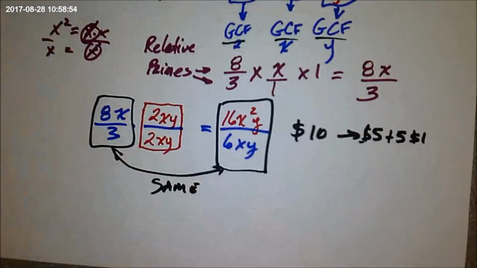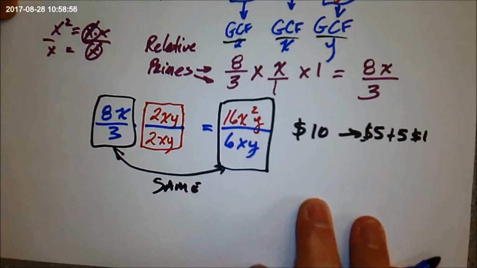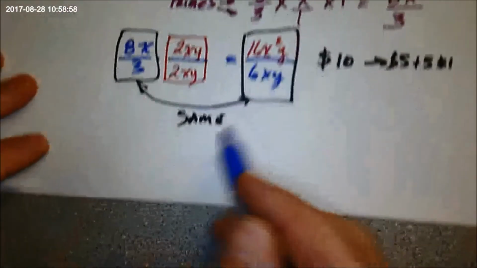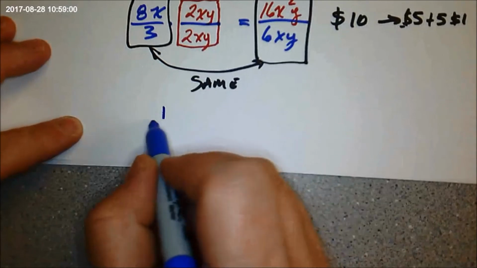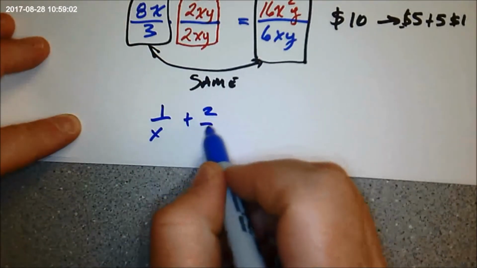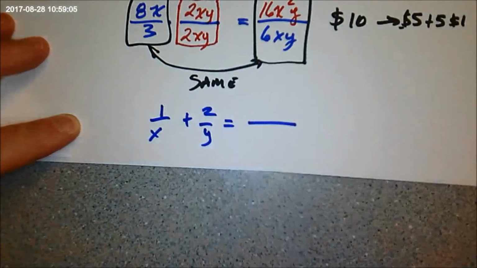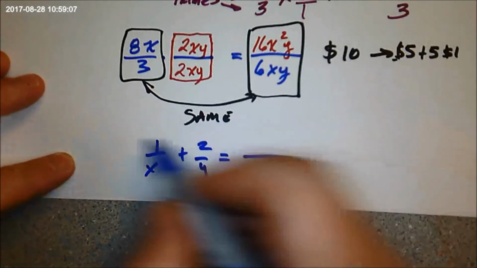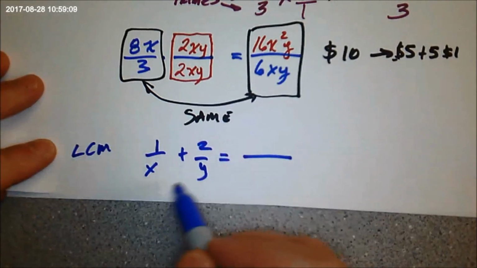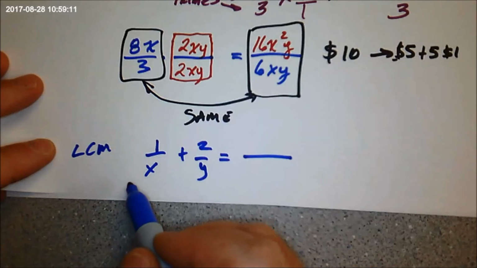And like I said, tomorrow we're going to be doing something like this. Let's say we had 1 over x plus 2 over y. In order to add those two things together, we have to find the lowest common multiple of x and y.